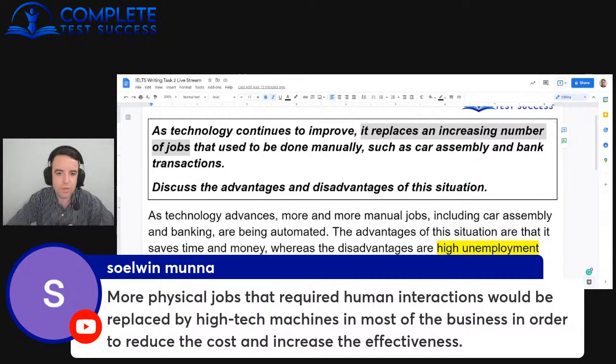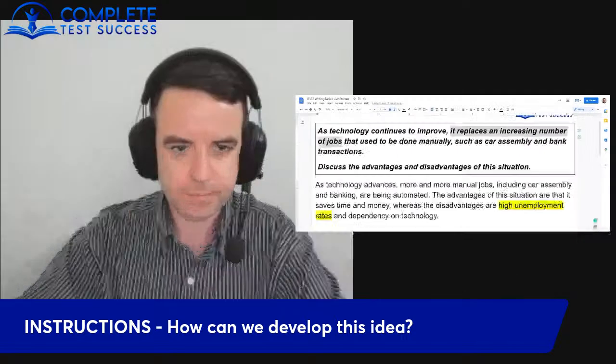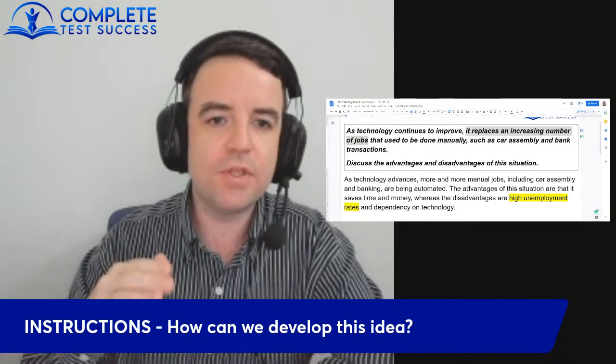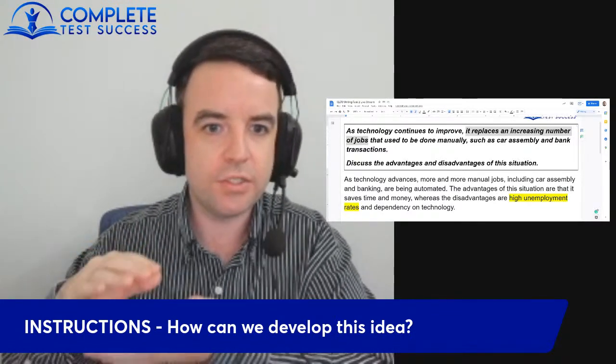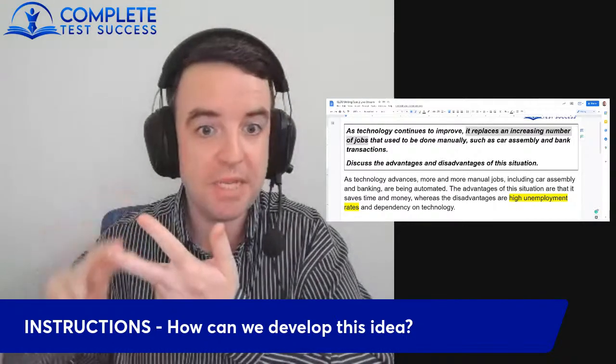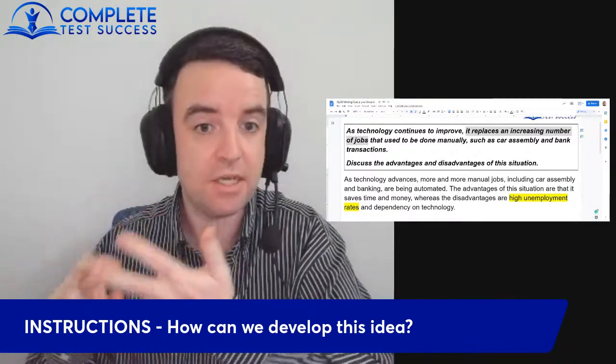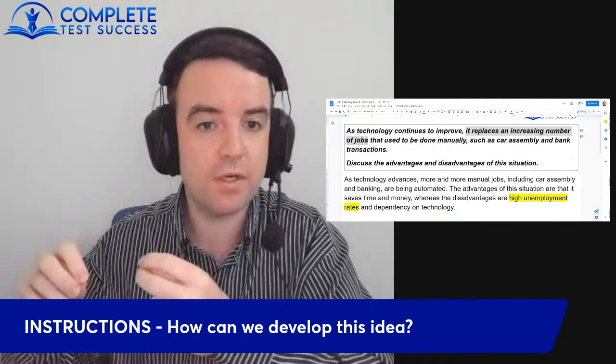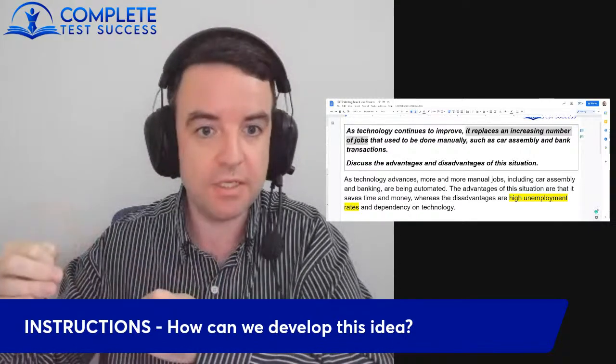More physical jobs that require human interactions would be replaced by high-tech machines in most businesses in order to reduce the cost and increase the effectiveness. Again, you're kind of repeating the idea. So let me just tell you what I'd say. Even though there are jobs required to design, produce, and maintain these types of technology, overall, there are fewer people required than when the jobs were done manually.